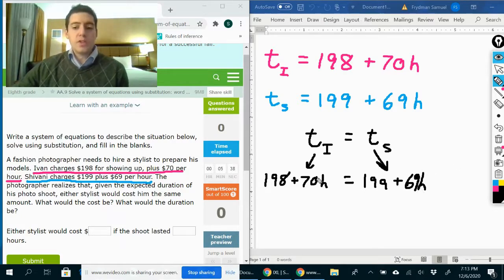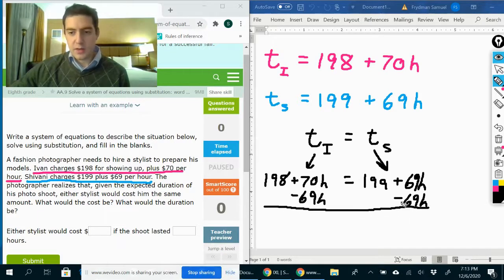Okay, and then we're just going to solve this equation for H. All right, so let's see, I see plus 69H over here, I see plus 70H over here, so I have an H on both sides. So let's remove it from one side. It looks like it'll be easier just because 69 is smaller than 70. I can subtract 69H from both sides, and I will end up with a positive number.